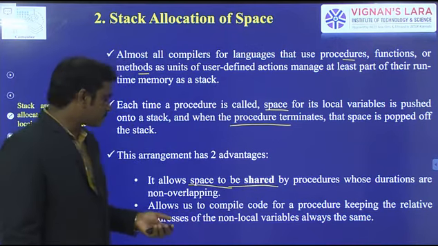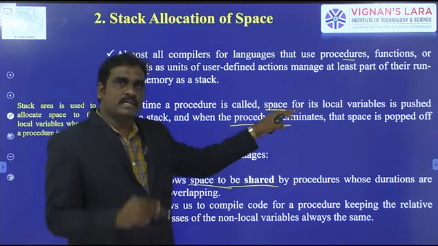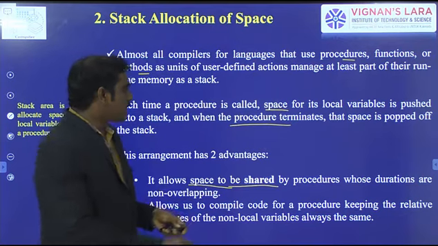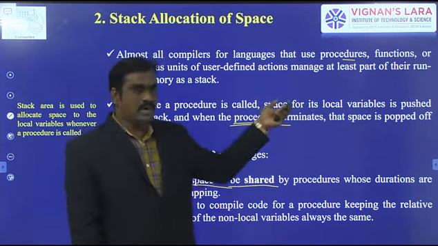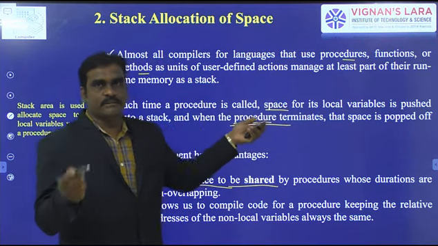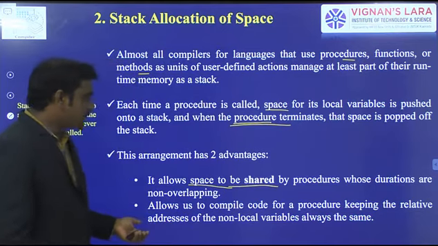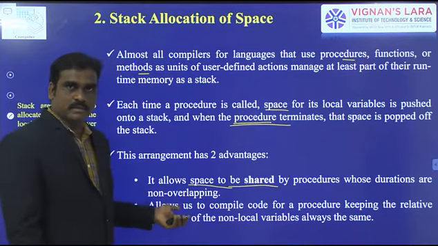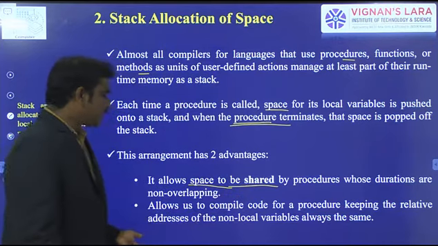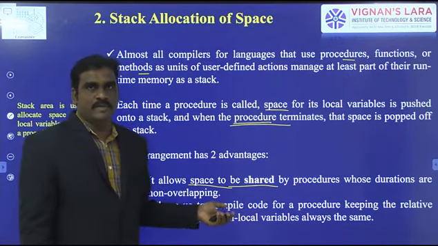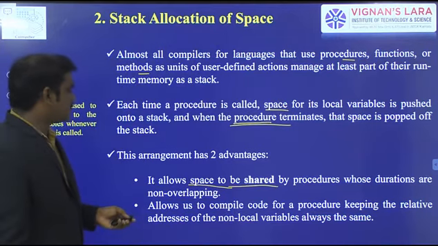Some are local variables and some are non-local variables. Whatever function is called, its variables we call local variables, and the second function's variables we call non-local variables. In that case also, it allows the compiler to keep the relative address of the non-local variables always the same. So these two are the advantages of the stack.